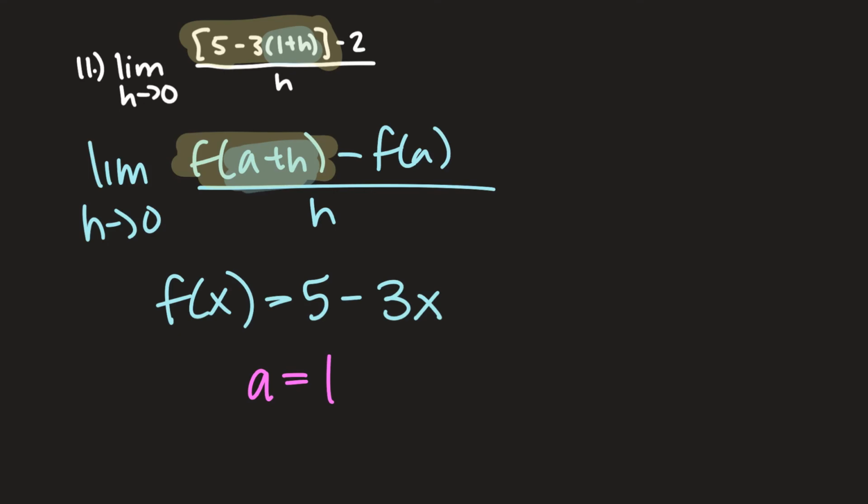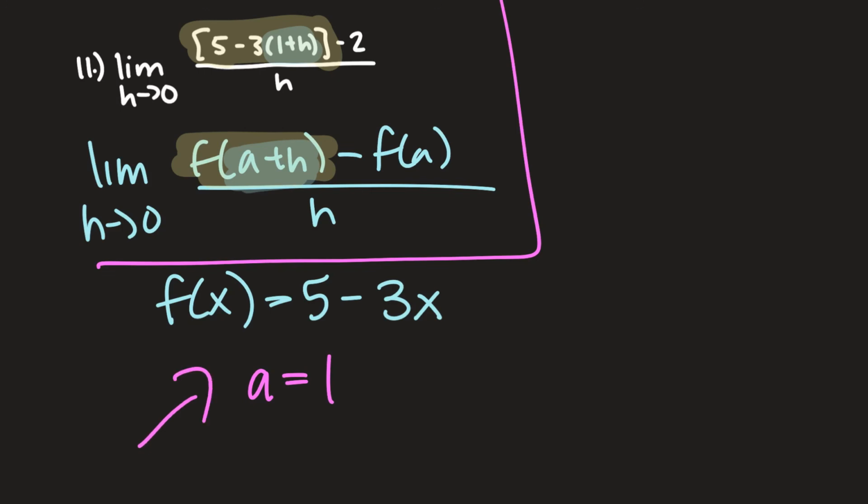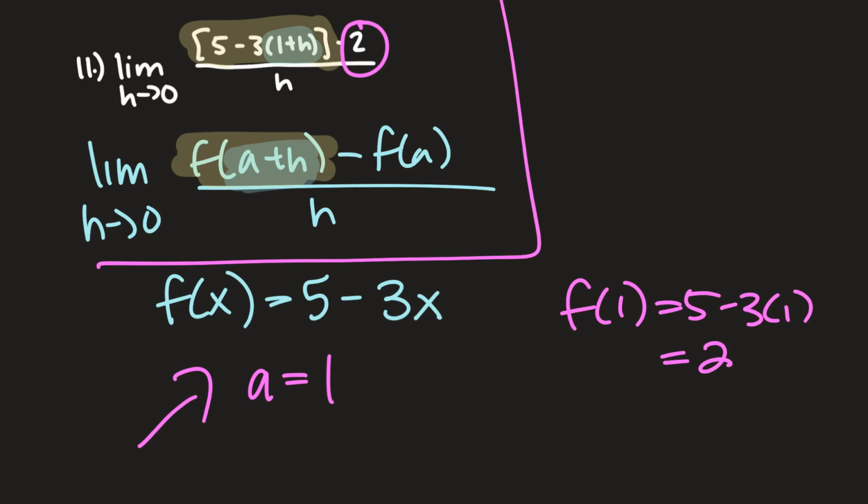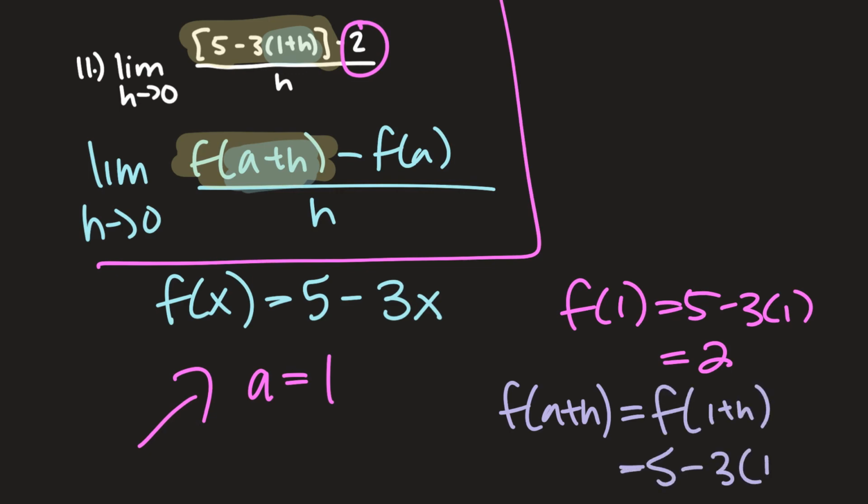So let's go back over this again. So let's say that I was given this information. Okay, so then to find f of a, I would plug in 1. So 5 minus 3 times 1 is 2, which is where they got this 2, right? If I wanted to find f of a plus h, I would plug in 1 plus h everywhere I see an x, which would be 5 minus 3 times 1 plus h, which is what's in the problem. Okay, so you're just kind of thinking backwards.